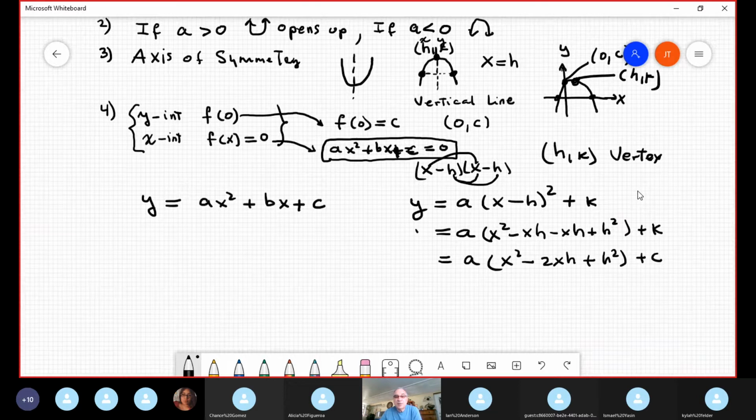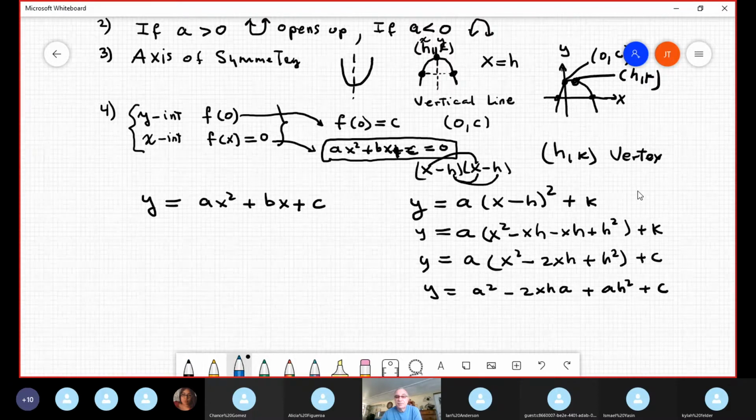Now multiply, so I remove the parentheses, because what is my goal? My goal is to compare this and this. So it's ax squared minus 2xha plus ah squared plus k. Multiplication, this and this, this and this.